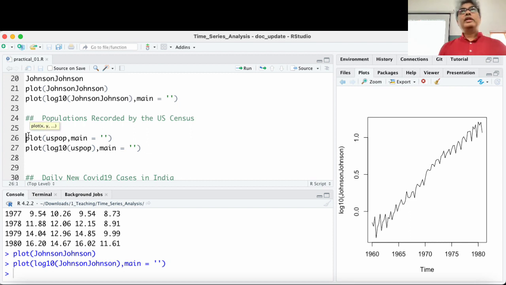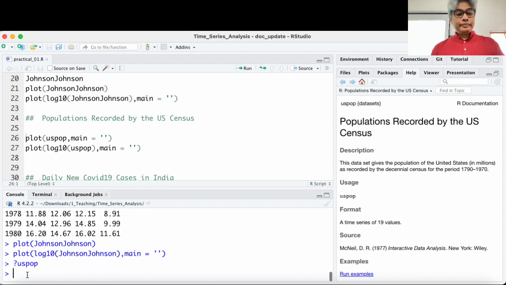Now, next example, we discussed the US population. This data set is, if we go to question mark USPop, in the datasets package of base R, you have this US population as recorded by the US census from 1790 to 1970.